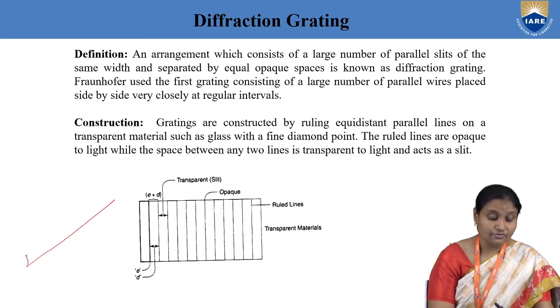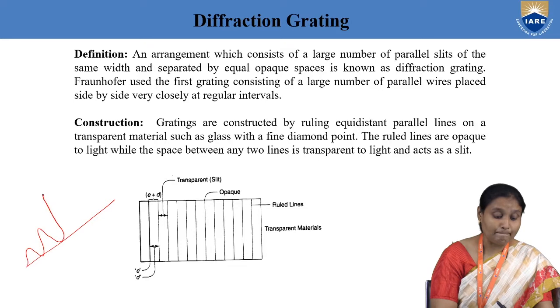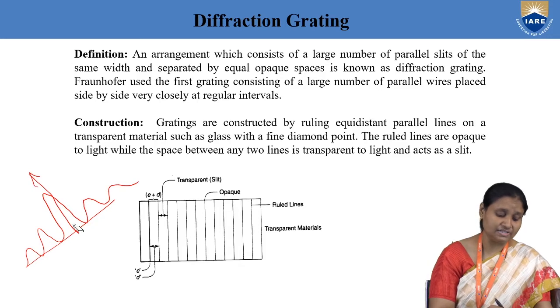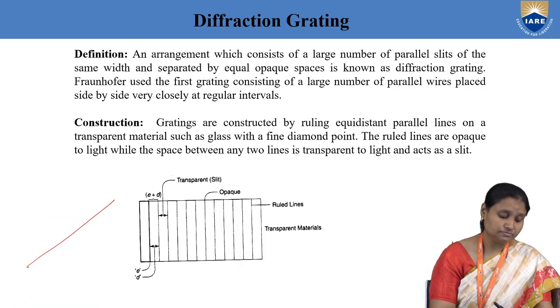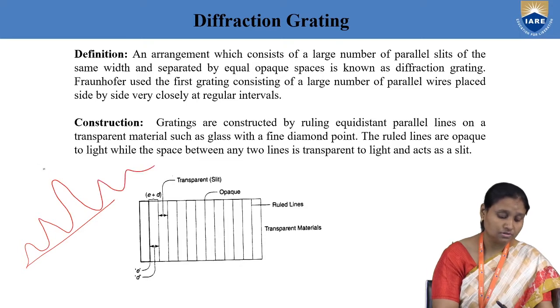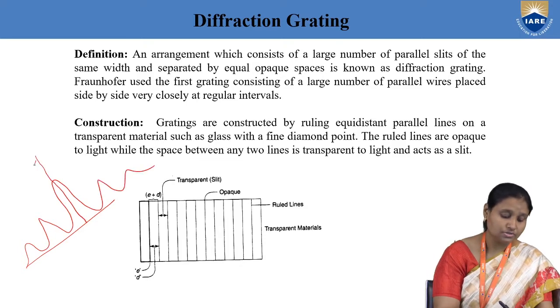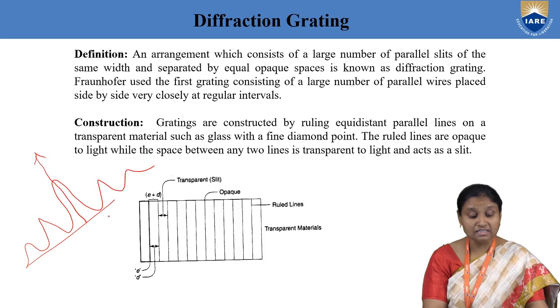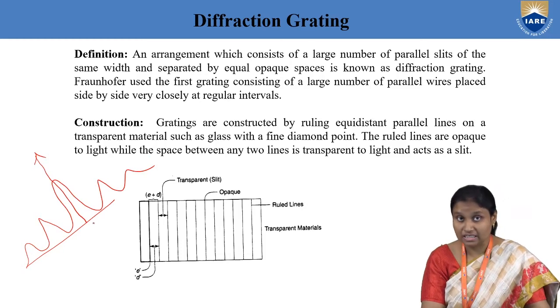We have seen that maximum intensity is at the center, and it is called the principal maxima.